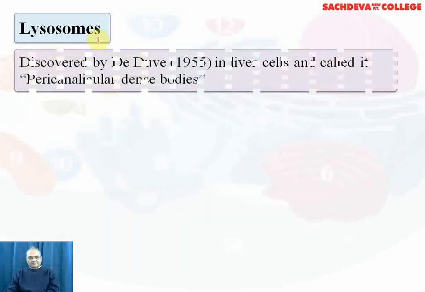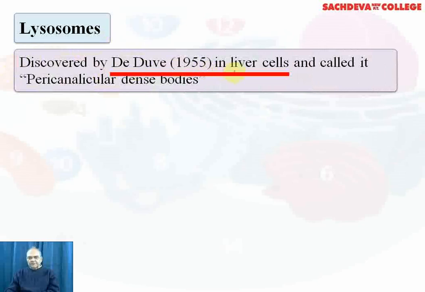We will be discussing the various cell organelles and their function within the cell, and in this we are going to take up the lysosomes, which are of course called suicide bags. It was discovered by Christian de Duve in 1955 in the liver cells and called pericanalicular dense bodies.